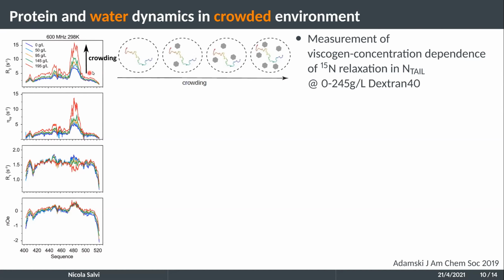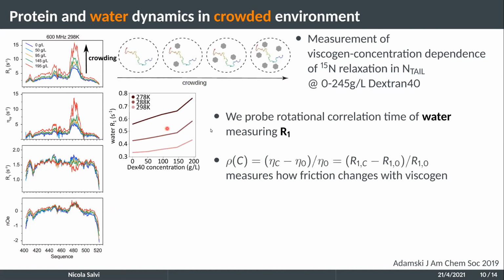Now you see that in general, if you increase the crowding, for instance, R2 goes up, and so does the heteronuclear NOE. At the same time, we also started measuring water R1, because this is actually a measure of the rotational correlation time of water molecules, which is a probe of viscosity. We can then define this parameter rho, which essentially measures how much friction changes with the amount of viscogen that we are adding to our buffer.